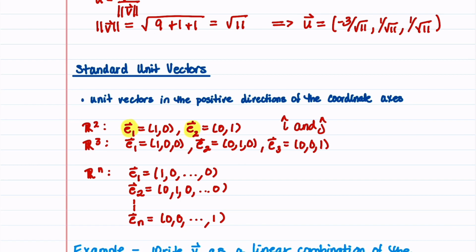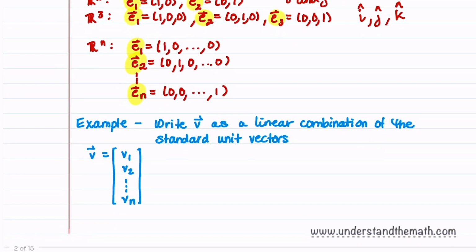In R3, our standard unit vectors are e1, e2, and e3, or in physics, you would call these i hat, j hat, and k hat. This concept then extends to Rn, and our standard unit vectors are e1, e2, all the way up through en.